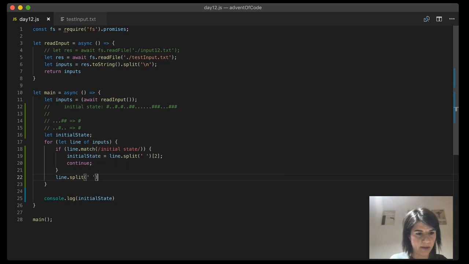I want to say we split the line on these empty ones, and we let, should we call it input or old generation? Old, comma, then we have the array, and then we get next.